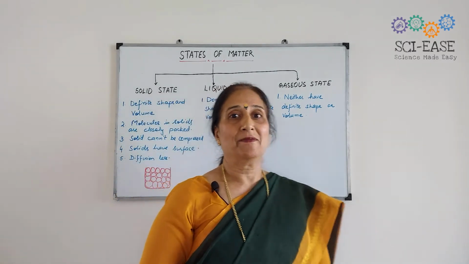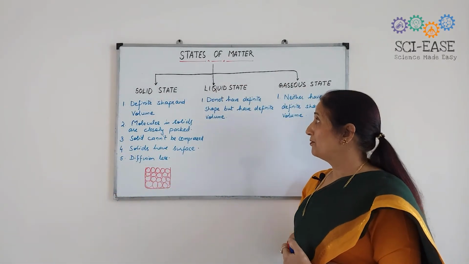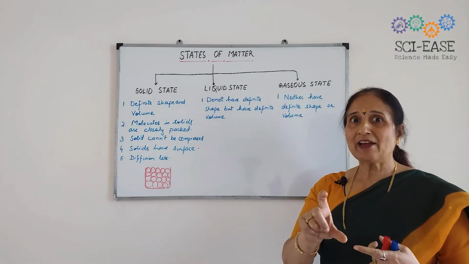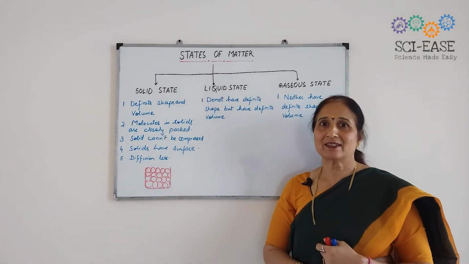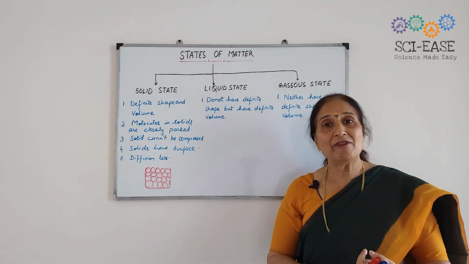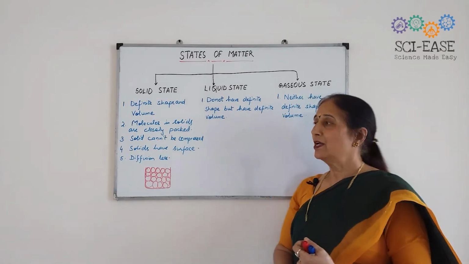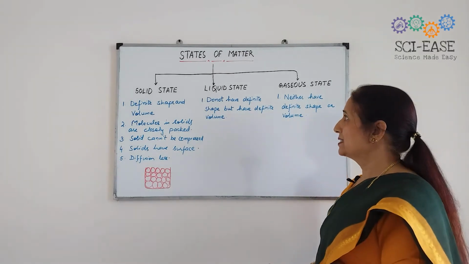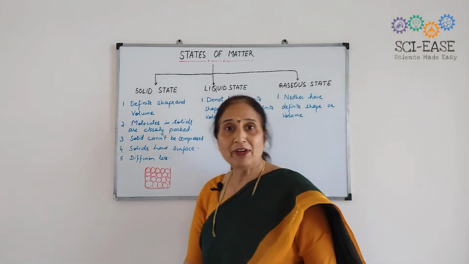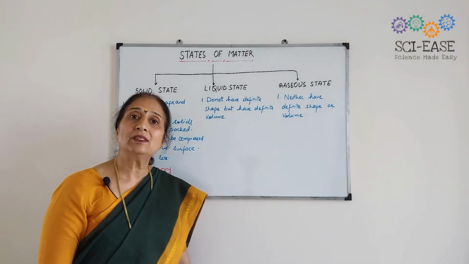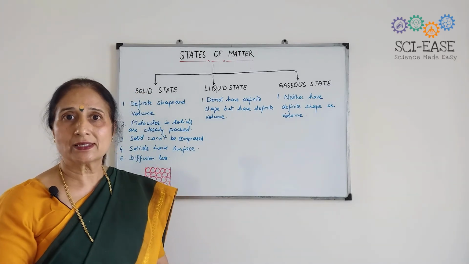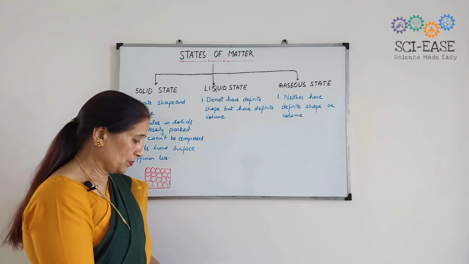What you see is that in liquids, the volume is definite, but the shape is different. They take the shape of the container in which the liquid is poured. So the first point is, liquids do not have a definite shape but have a definite volume, and they take the shape of the container in which they are poured.